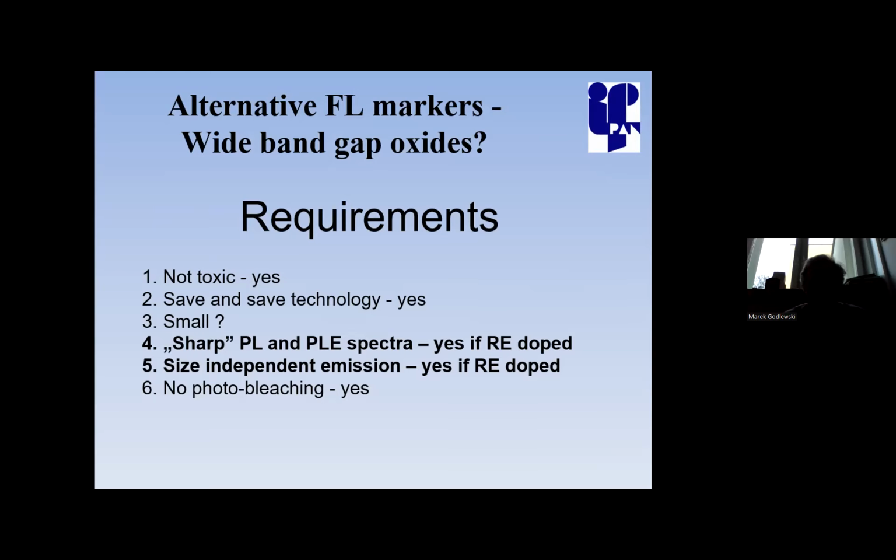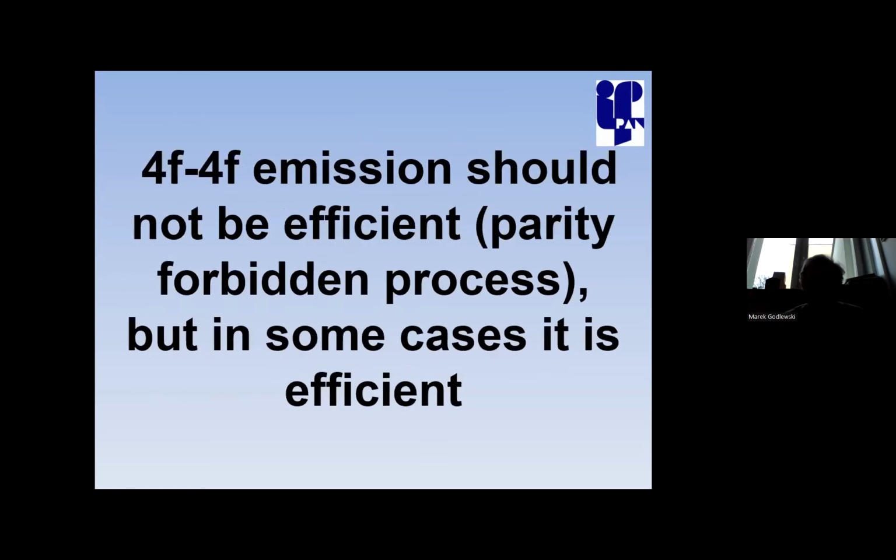But we have a problem because emission should be very weak. Whereas for transition metals, the selection rules are not really working because we always have a mixture of ligand wave functions into d. Here, it should not be so. So the 4f emission should not be efficient.